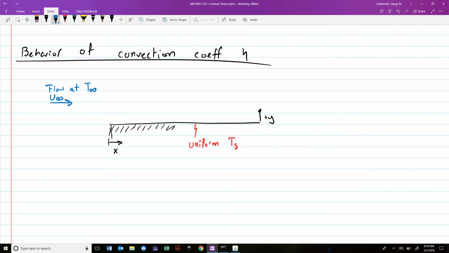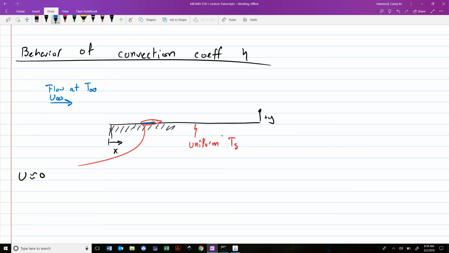So, taking what we concluded from the above sketches, we're going to have a couple of different ways that heat transfer is occurring from this surface to the exterior fluid. The first is, as I said, right here next to the wall, we are going to have that u is approximately 0.